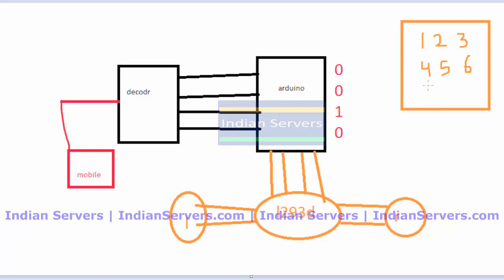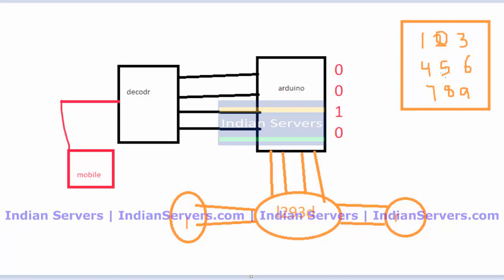When I press 2, the robot should move forward. When I press 8, it should move back, and when I press 4 and 6, it should take right or left turns.